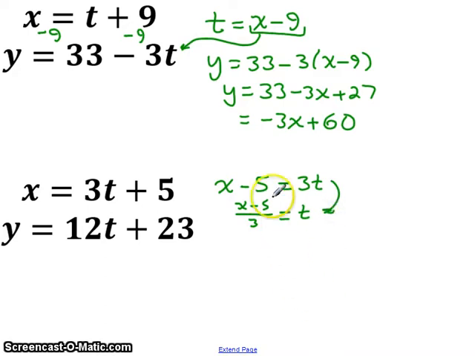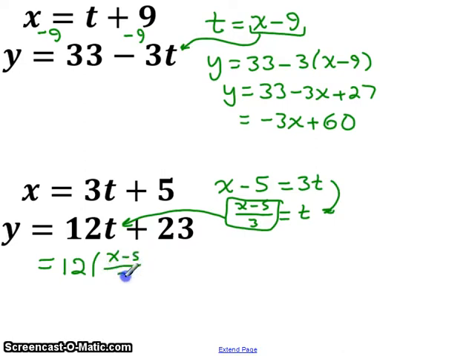Okay, now we're going to take this expression, which is equal to t, and plug it in here. So we get y equals 12 times x minus 5 over 3 plus 23. Okay, so again, this is a composite function. This is a function of a function.